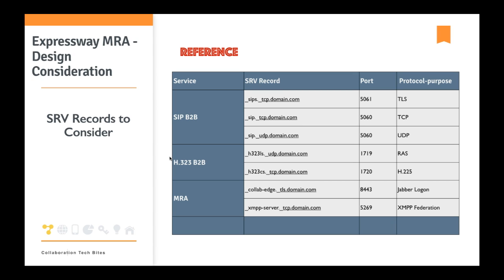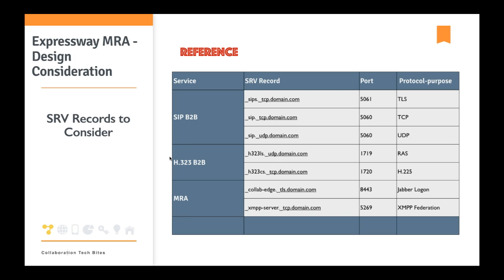So secure SIP is _sips._tcp.domain.com, or _sip._tcp, which is non-secure. Secure is port 5061 and non-secure is port 5060. Or if you are using UDP instead of TCP, you need to change that protocol. Of course, in UDP format you are not using it securely because it's not a TLS environment anyway.